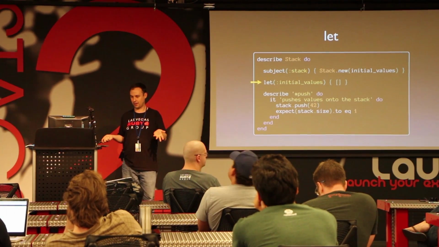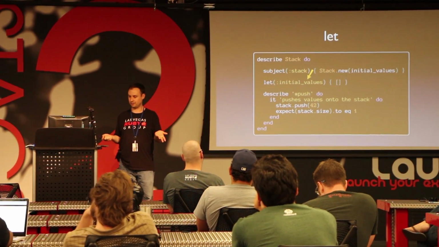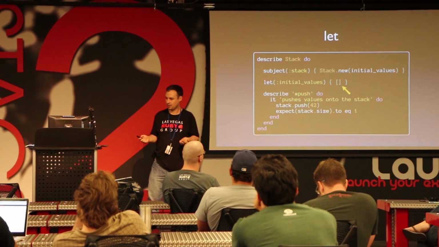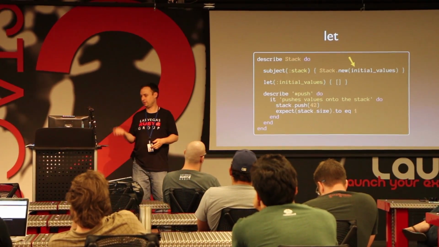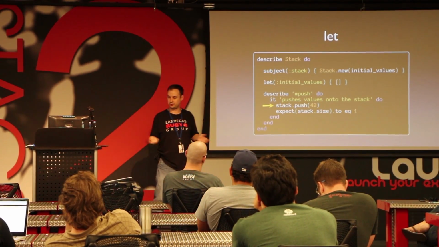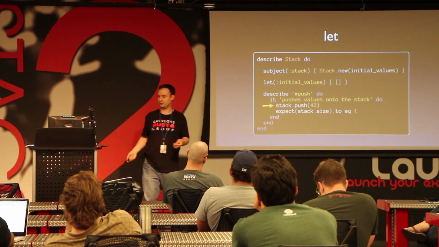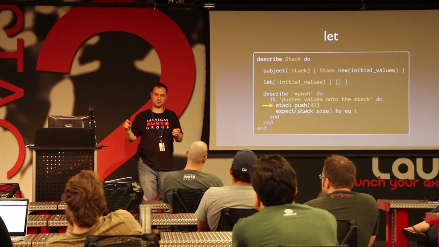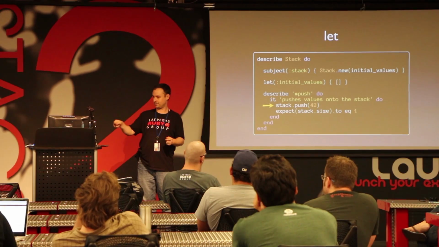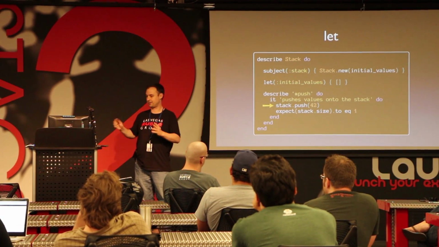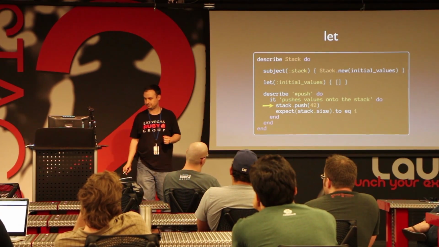So like a subject, you just say let, you give it a name, and then what you want it to be. And then you can refer to it somewhere else. And down here, when we refer to stack, it goes up to our subject and executes that block to create the stack, and that block refers to initial values, and then it goes and finds the let and executes that to create those initial values.